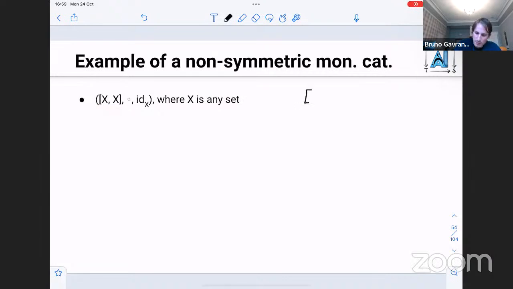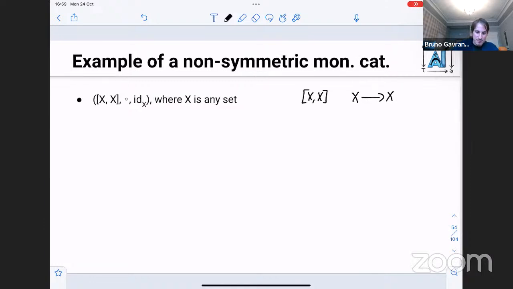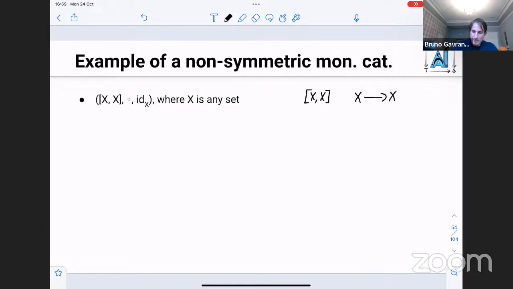When we write this, I will recall this for you. This really means the set of functions from x to x, where x is some set. So this is really a set here, and you might remember this being a monoid from before.